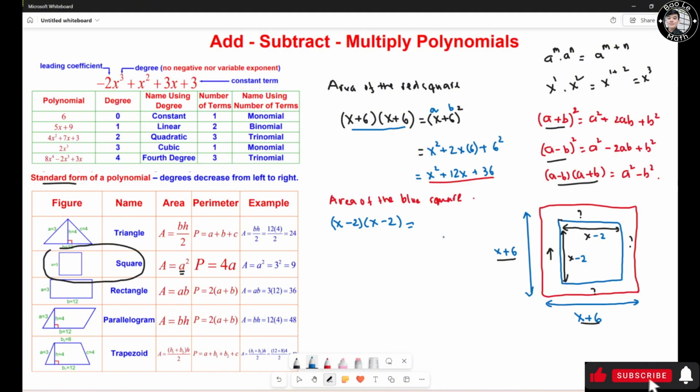We have many different ways to do it. You can use the box method and get the answer easily. Now, s minus 2 times s minus 2 is going to be s minus 2 altogether squared.